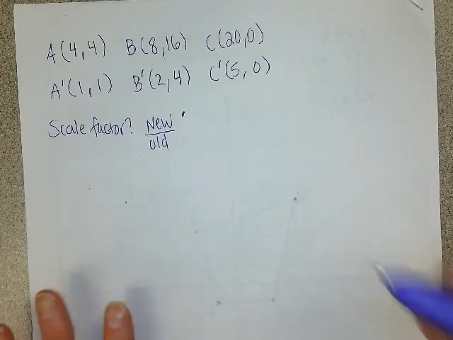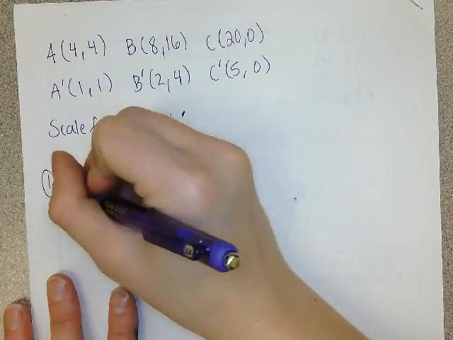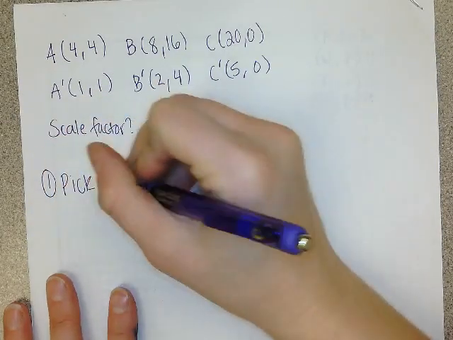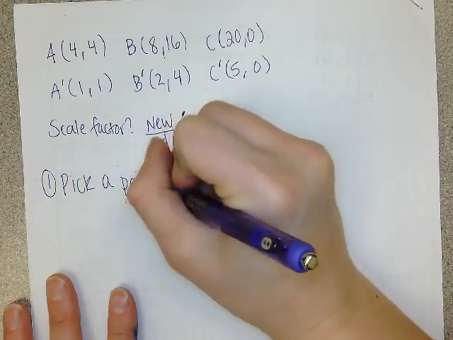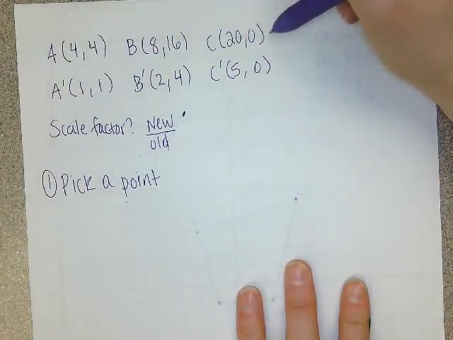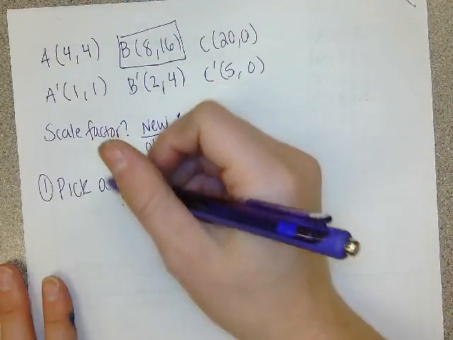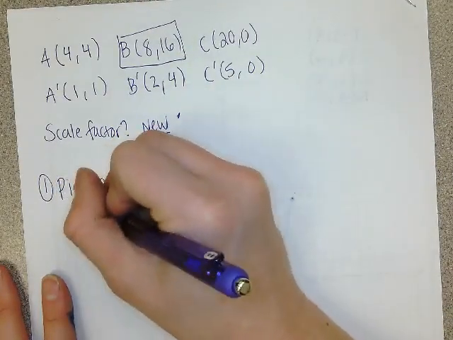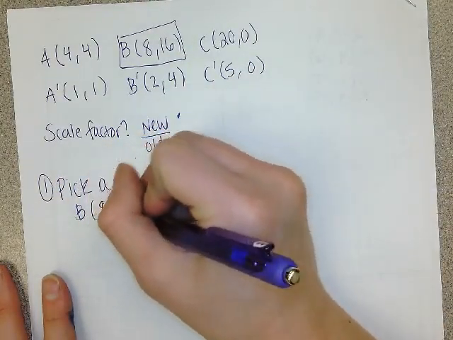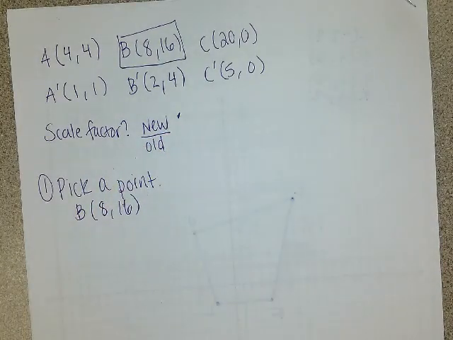First step, pick a point. What point do we want to pick? B, okay. So we picked B. No real reason. Just Hunter likes B, I guess.